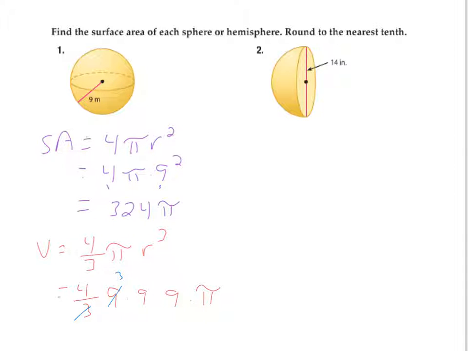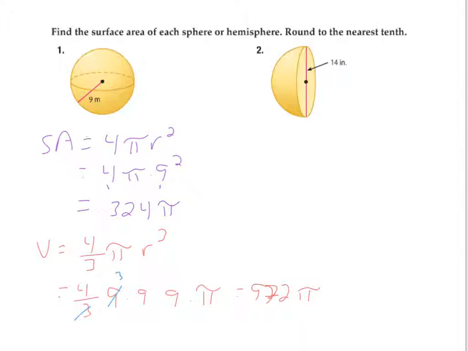So I have 4 times 3, which is 12, right? 4 times 3 is 12. 12 times 9 times 9, or 12 times 81. I think it's 972. So this whole thing is going to equal 972 pi.